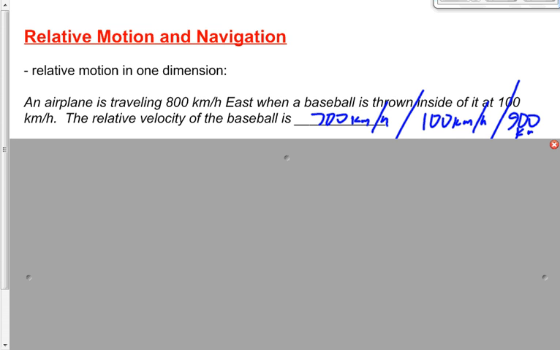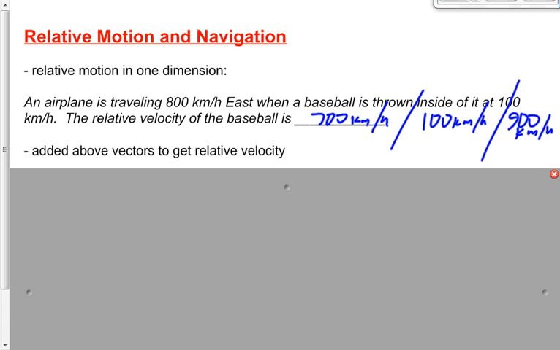A couple answers depending upon the frame of reference, a couple answers depending upon which way we threw the baseball. When we determined all of those numbers, we added vectors together. If we were trying to find the velocity of the baseball relative to the ground, and the baseball was moving to the east, then we would have said 800 to the east plus 100 to the east gives us 900 to the east.